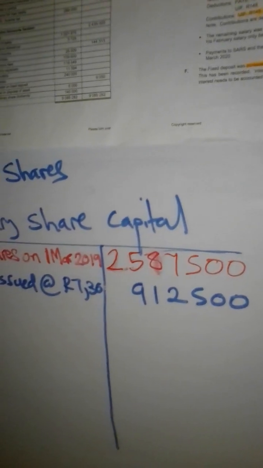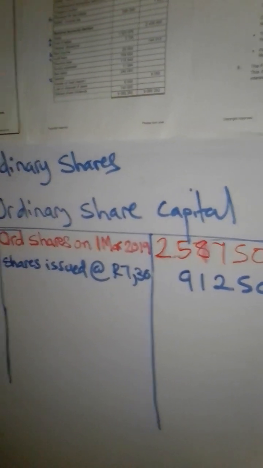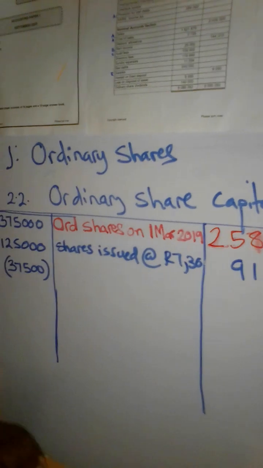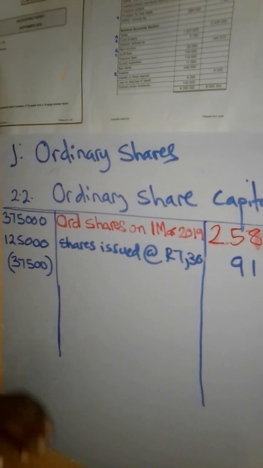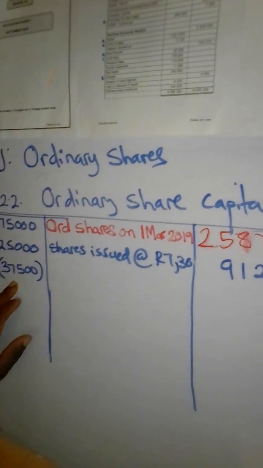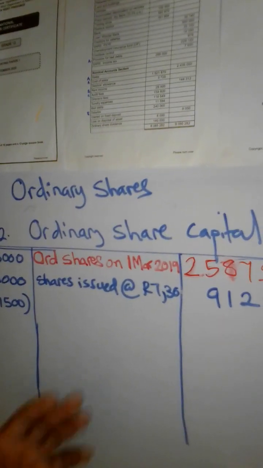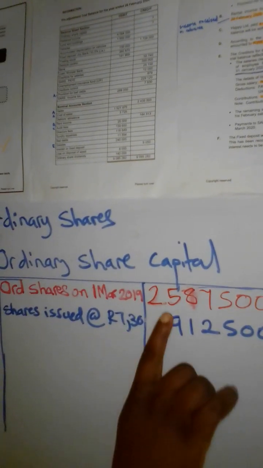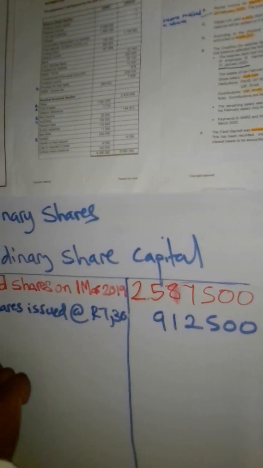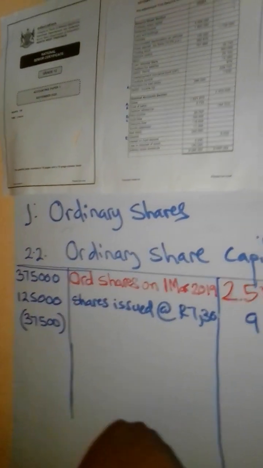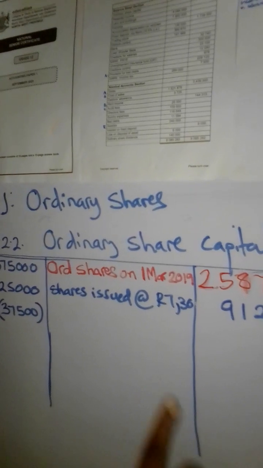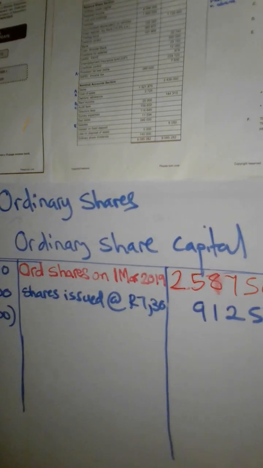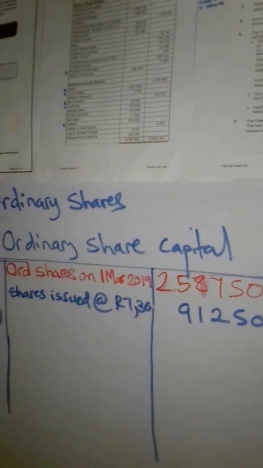We have to find out exactly how much was the average issue price of those 37,500 shares. And how do we do that? We look at the amount of ordinary share capital at the beginning of the year, and we also consider the one that was issued during the year. We add the two amounts, and then we divide by the number of shares.